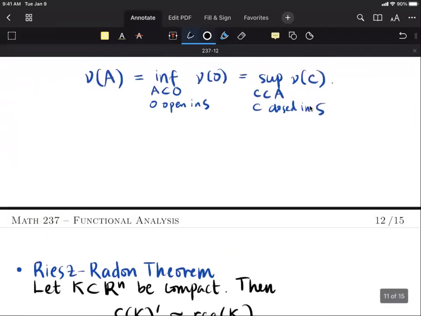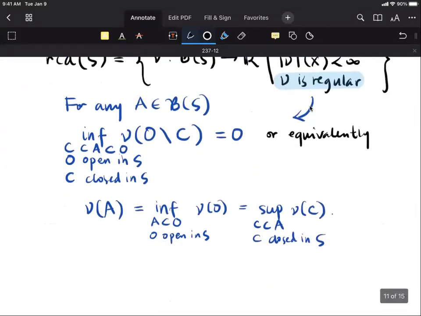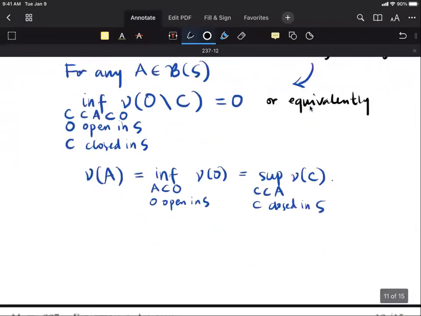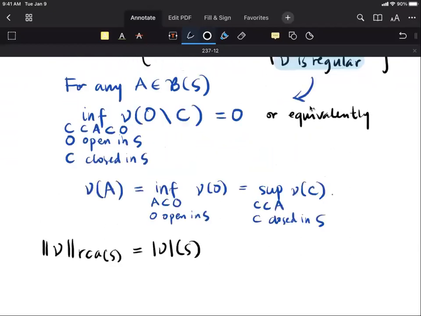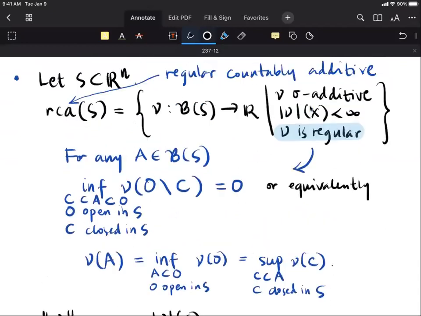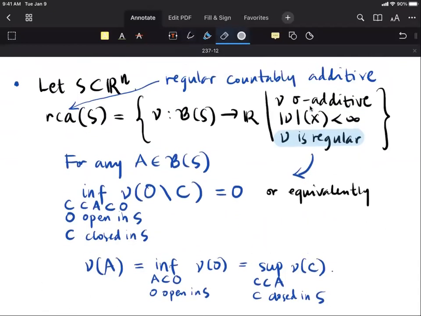Again, you can define a norm on RCA that makes it a Banach space using the total variation. This is finite due to the assumption. So I think there's a typo here.